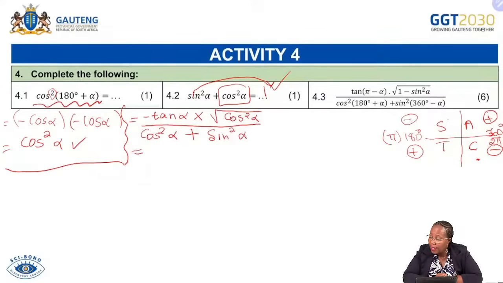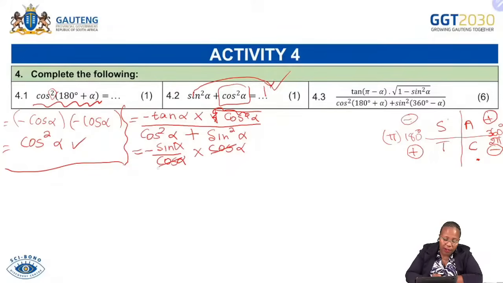And then from here now, a tangent is sine over cos. Again, you are bringing in your sine alpha over the cos alpha, and then multiply by the square root of cos squared. The 2 will cancel the square root sign. You'll be left with cos alpha. And then we cancel cos alpha.